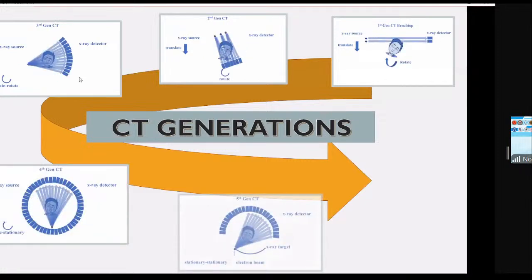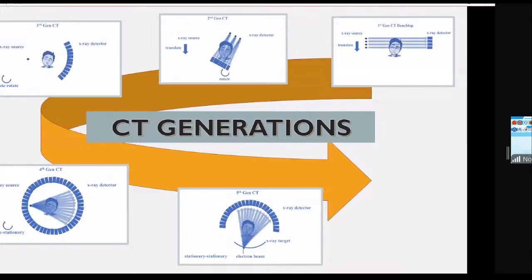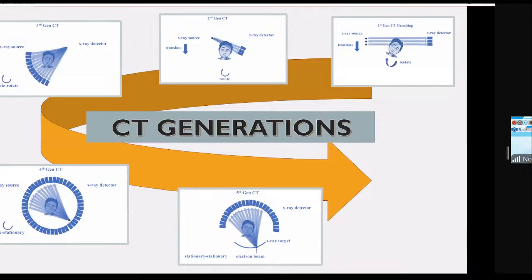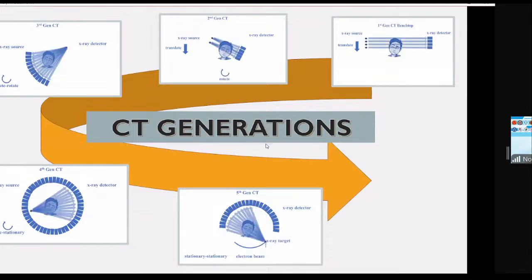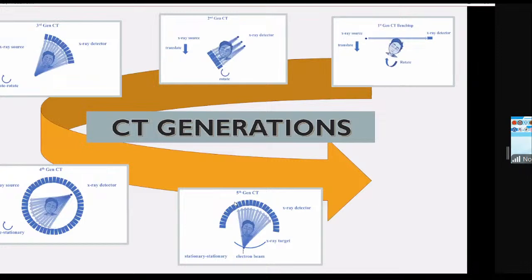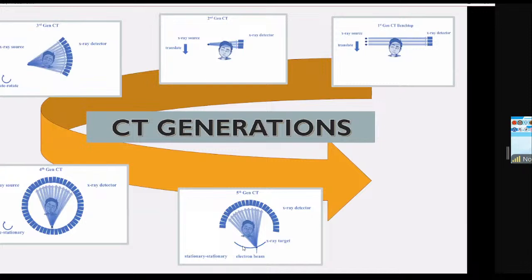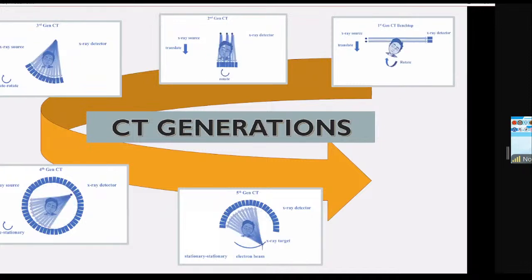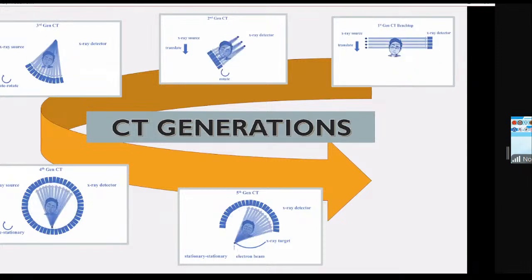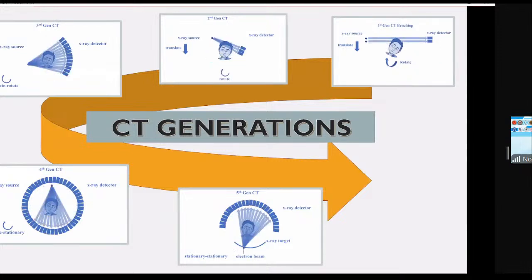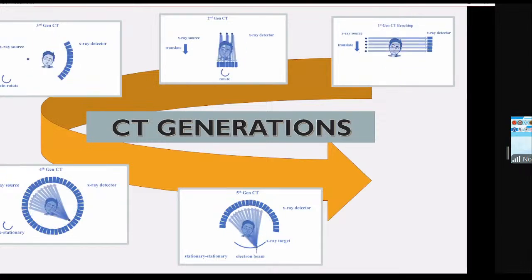In the fourth generation, they keep rotating the X-ray tube but use a stationary full circular detector array, speeding up the time. And the latest, the fifth generation, introduced the electron beam CT with no moving parts, using an electron beam to strike a stationary target and enabling ultra-fast imaging, especially for CTA and cardiac studies.